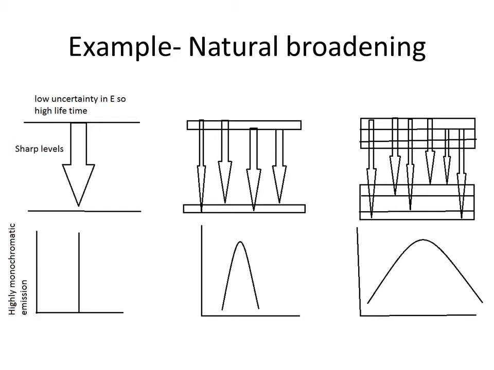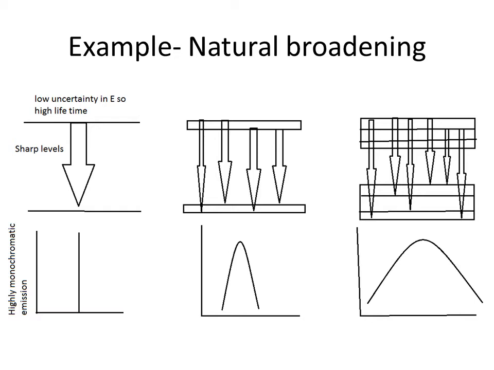When the atoms in the upper level de-excite to the lower level, the output photon will have a single energy, h nu, where h nu is equal to the difference between the upper energy and the lower energy. Correspondingly, if we plot the spectral line shape, it will be a very sharp line like this. So that is one situation, if the energy levels are extremely narrow.